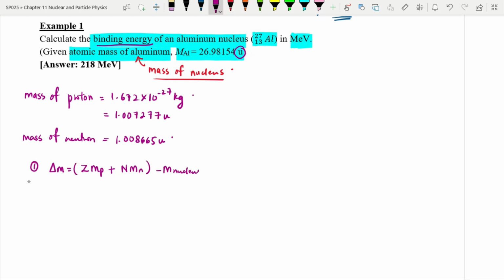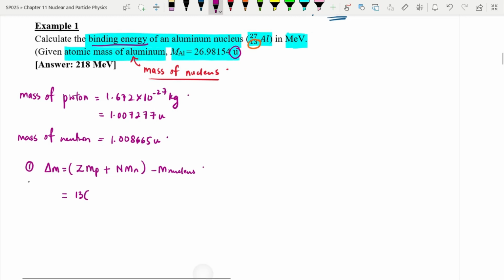Okay, so how many proton? Proton of course dia berada dekat bawah ni, so it's 13, times with mass of proton, kita gunakan mass proton dalam unit U. Plus dengan neutron number. Macam mana nak dapatkan neutron number? Neutron number, of course lah, A akan tolak dengan proton number. 27 minus with 13, so kita ada 14 neutron number.